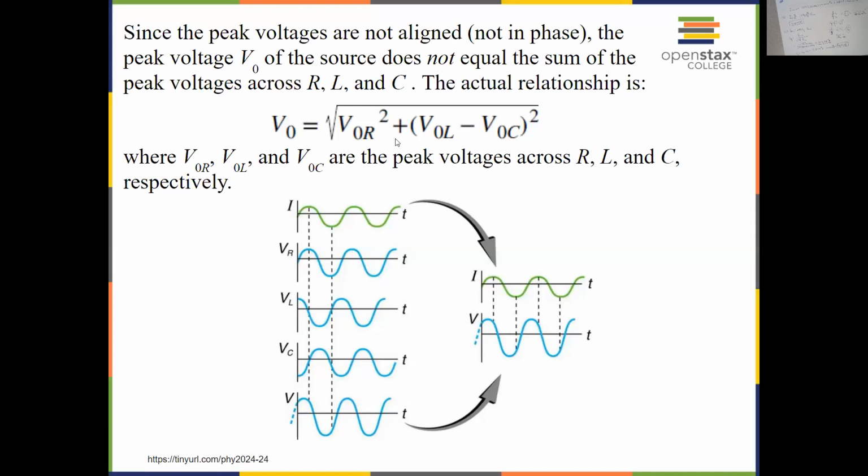This will be the total voltage: the voltage on the resistor squared plus the difference of the voltage on the inductor and the capacitor squared. We should be looking at its peak values, so the peak value is equal to this equation.